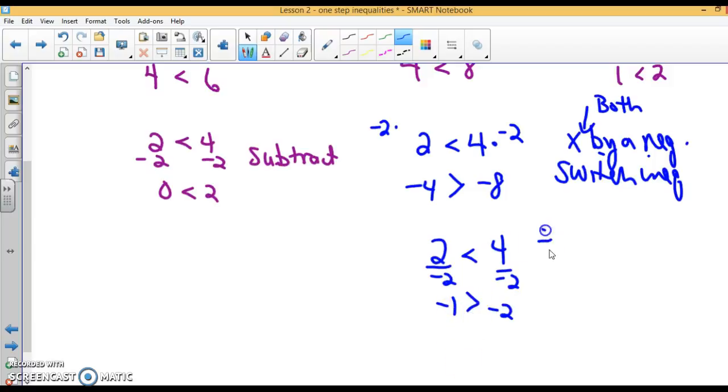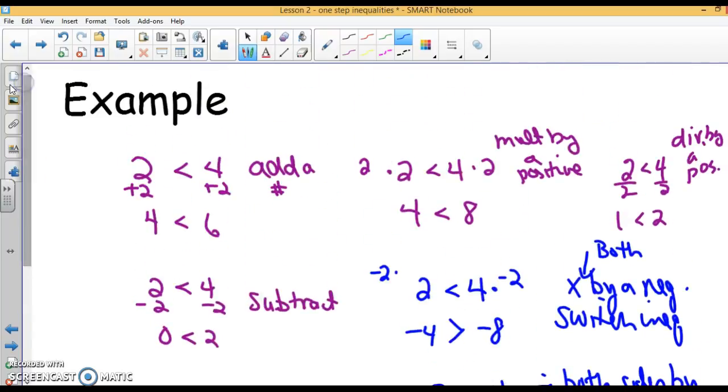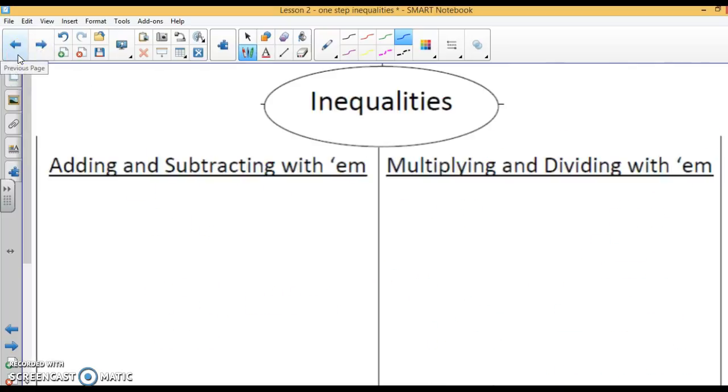So again, if you divide both sides by a negative, you need to switch the inequality. So if you multiply or divide both sides by a negative, you have to switch the inequality. Everything else about solving an inequality is exactly the same as solving an equation.